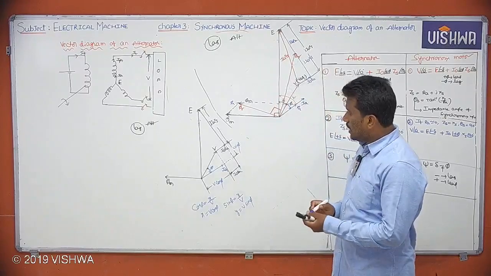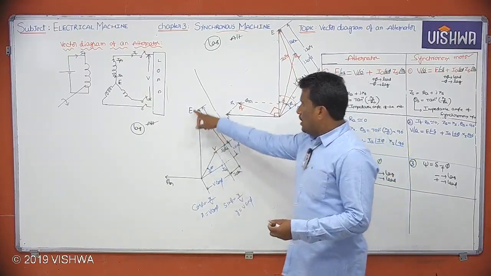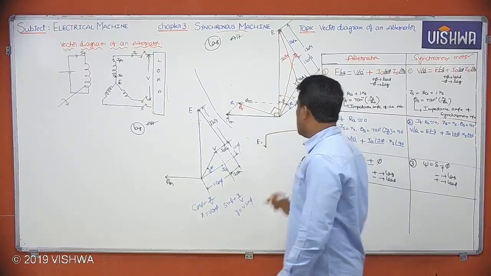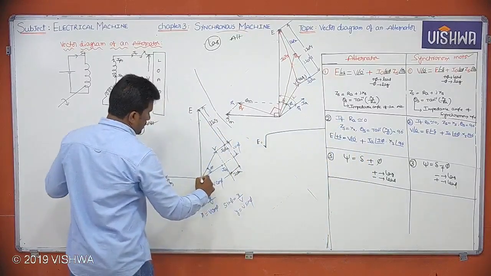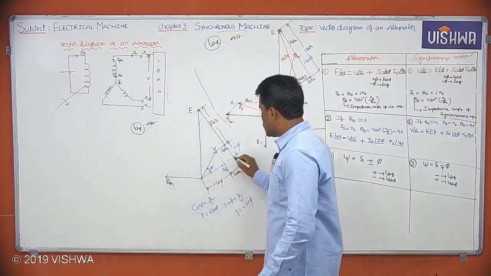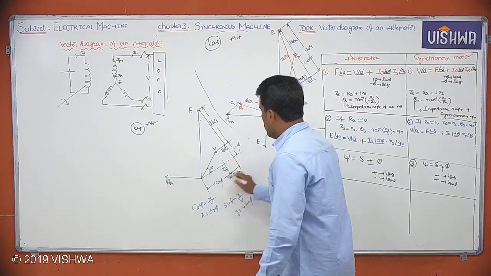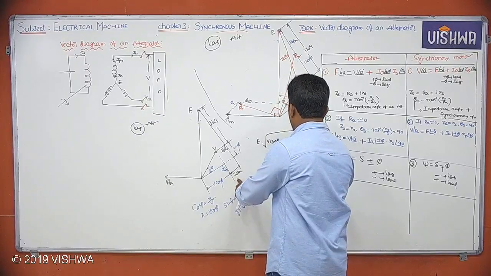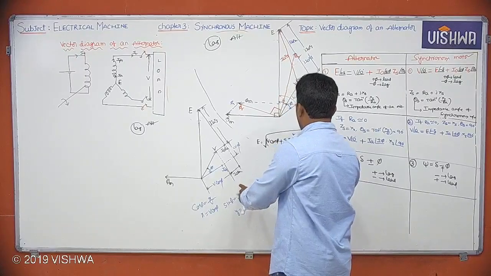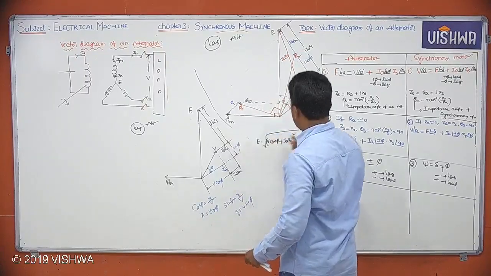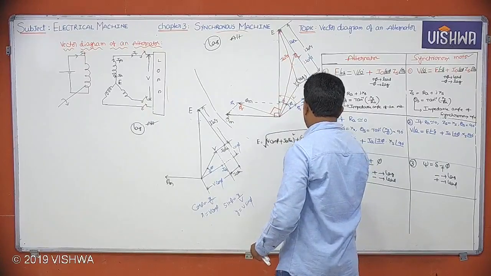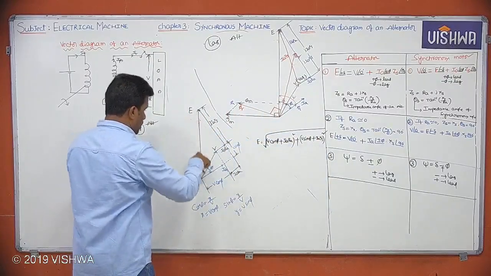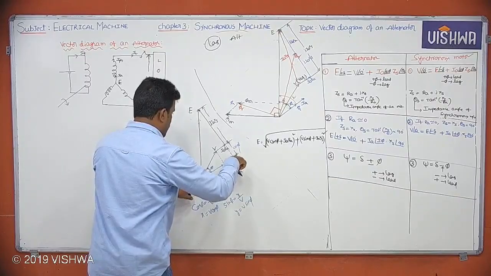So after this, you tell me now, if you want E value, E equal to square root of what? E equal to square root of this side square plus this side square.